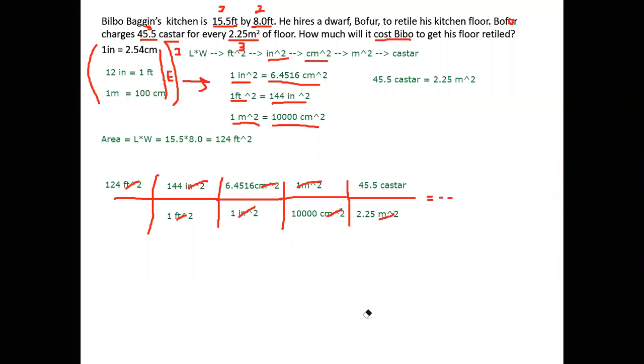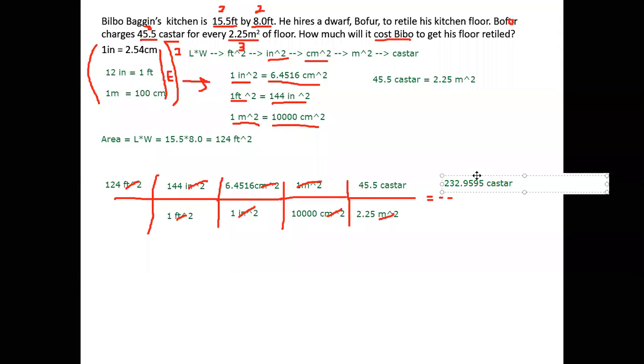So back to this problem, I forgot to multiply by 144, so let me do that. That's why my number was a little bit low. So you get 232.9595 Castar.